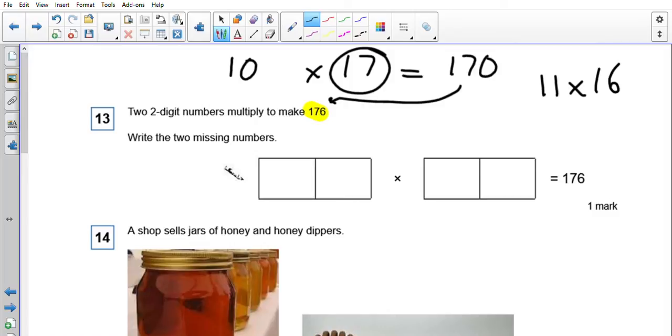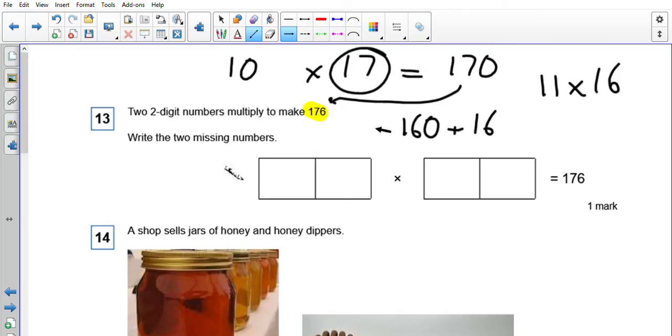11 times anything is 10 times it plus 1 times it. 10 times 16 is 160, plus 1 times 16, which is 16, is actually going to give me 176. So that's a pretty straightforward way of pulling that apart, just by thinking first and foremost about that multiple of 10.